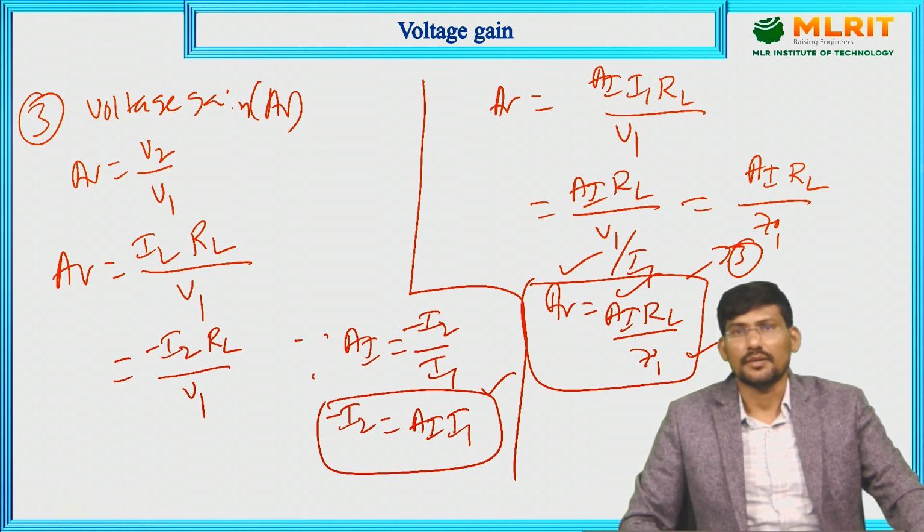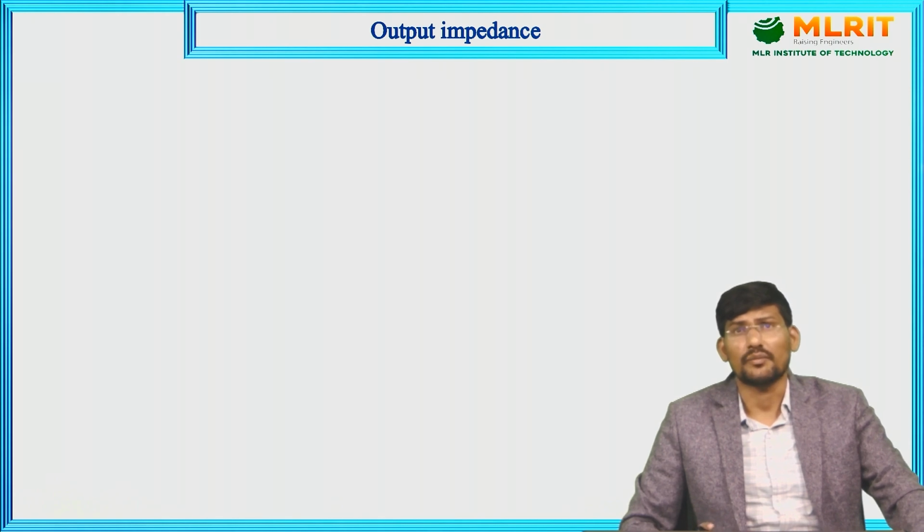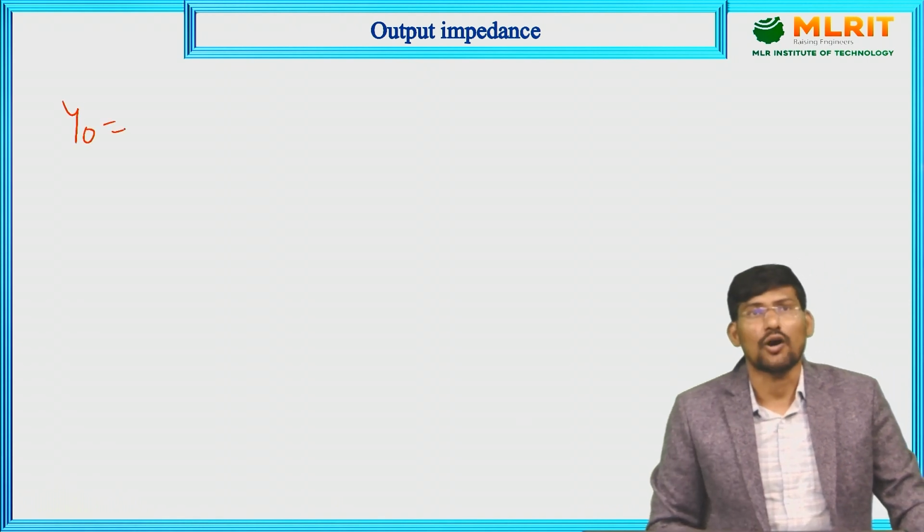Now we derived the three parameters, and let me move on to the last one, that is output impedance. To get the output impedance, first we need to find the output admittance.